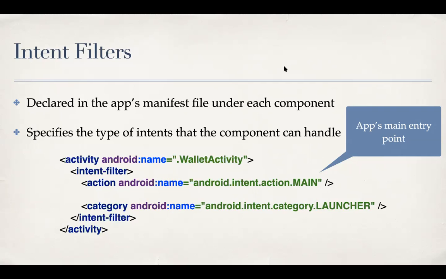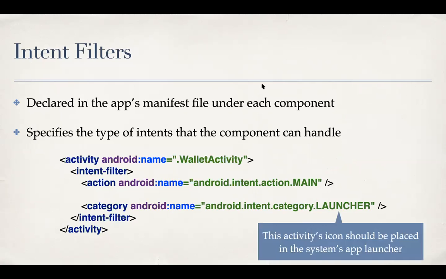So the action main here says this is the app's main entry point. This is what the developer wants to launch when the user clicks the app's icon on the launcher or the shortcut on the home screen. And then the launcher itself specifies that the activity's icon should be placed on the launcher of the device. So these two actually go together to make sure the icon is placed on the launcher.